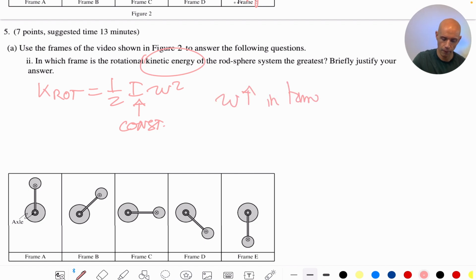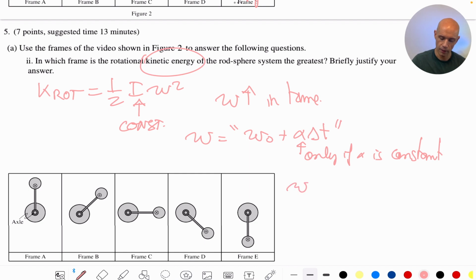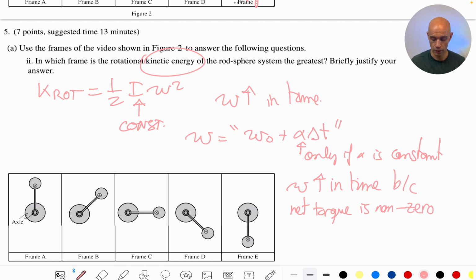Why? Because omega is initial omega plus alpha delta t. This is only correct if alpha is constant, which is not the case, but you can say the following. Omega increases in time because there is a net torque. The net torque is non-zero until it reaches the bottom.